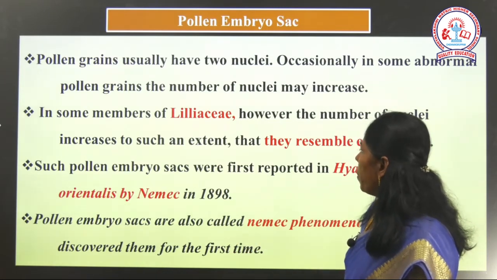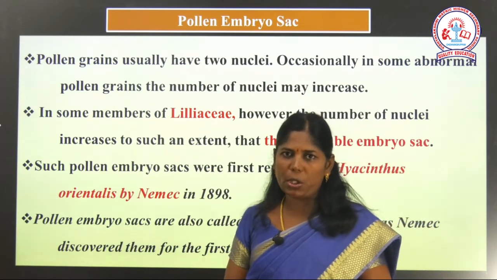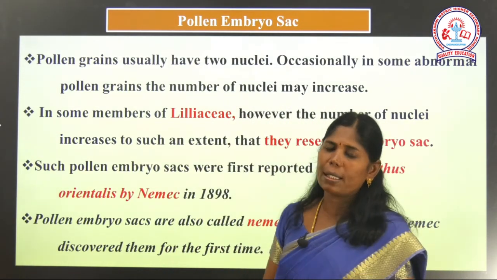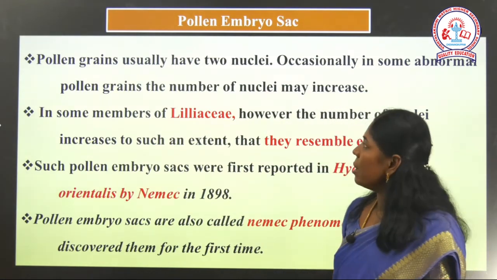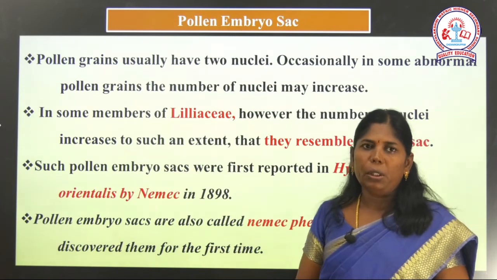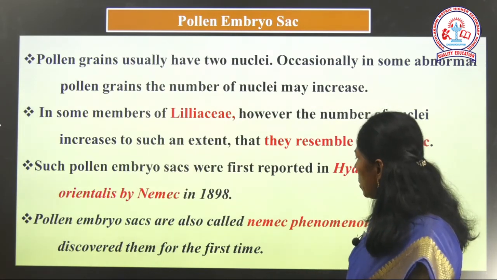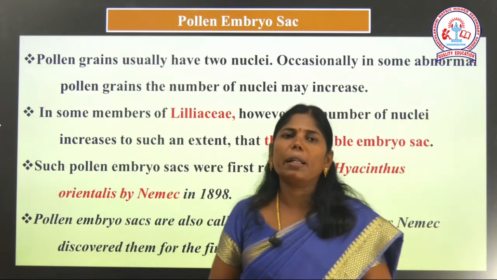Such pollen embryo sacs were first reported in the species Hyacinthus orientalis by Nawaschin. In 1898, the scientist Nawaschin found the number of nuclei in the Liliaceae species. The pollen embryo sac is also called the Nawaschin phenomenon, because it was discovered by Nawaschin.